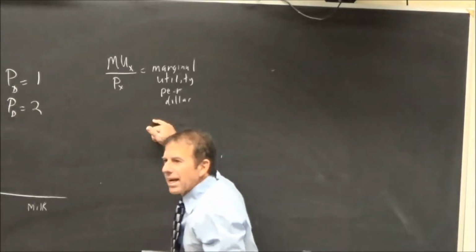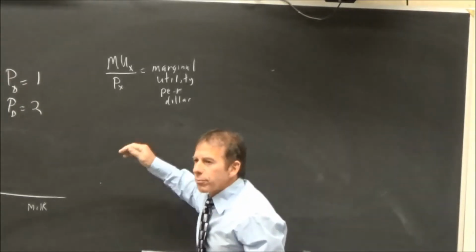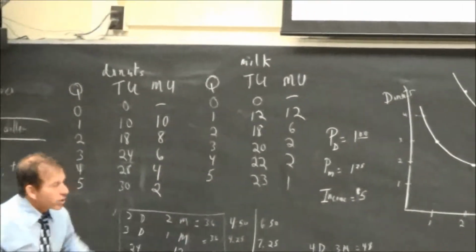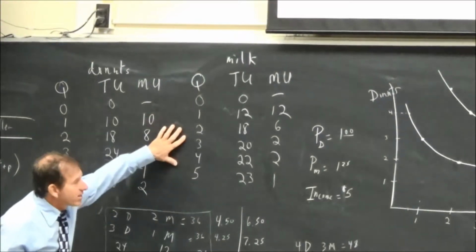So we're trying to find out whether or not we should buy, what we should buy over here. Okay, so let's look at marginal utility per dollar given this information.